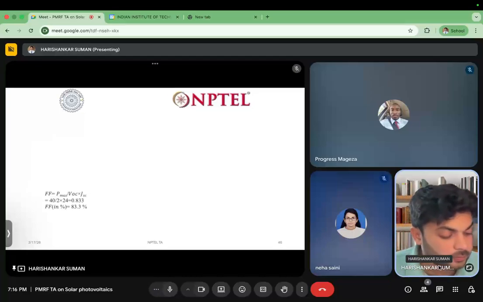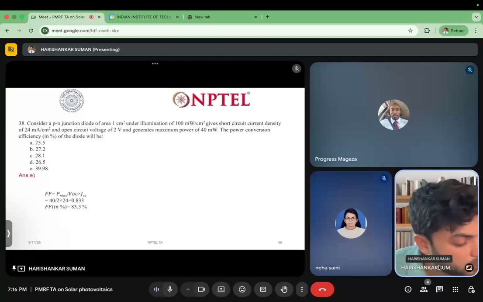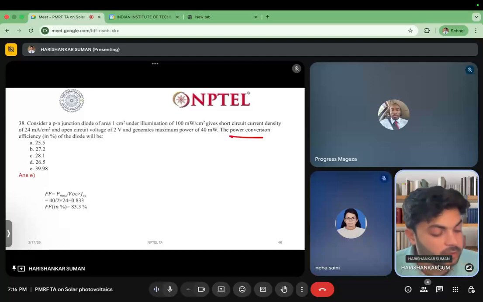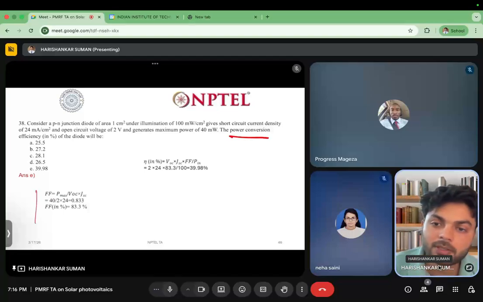Okay, next question, which is dependent. You have to now calculate the efficiency. So first you have to calculate the fill factor. Efficiency is just VOC JSC multiplied by fill factor with respect to the input power. Please see the solution.